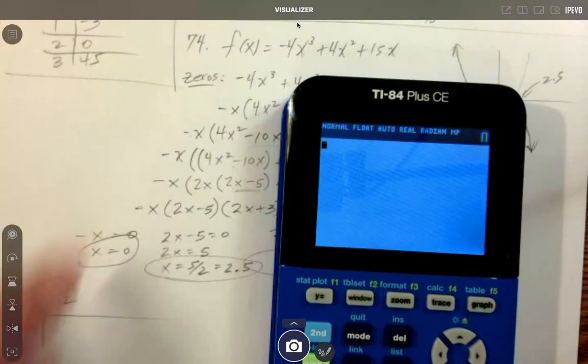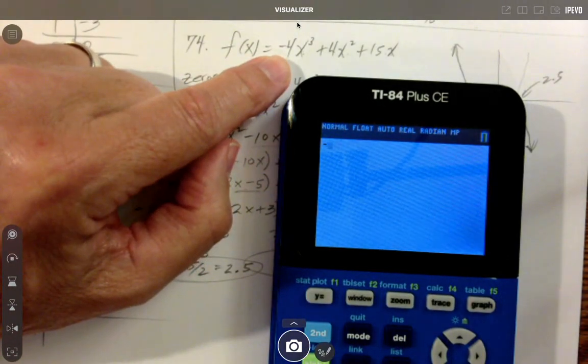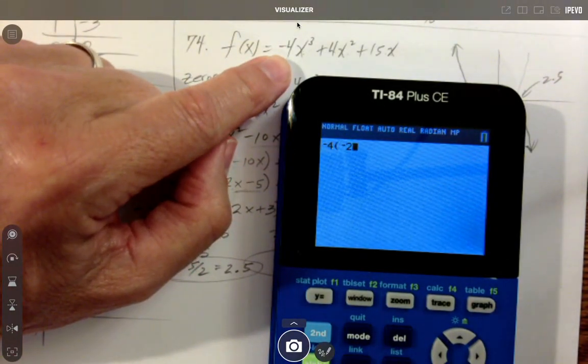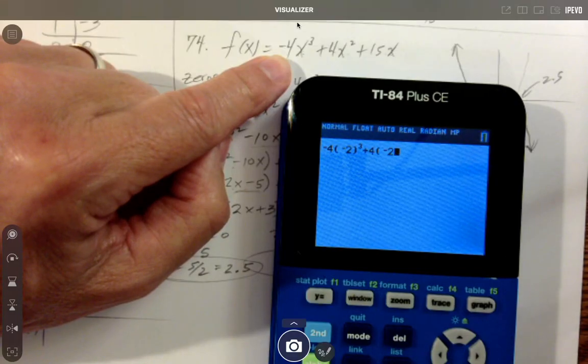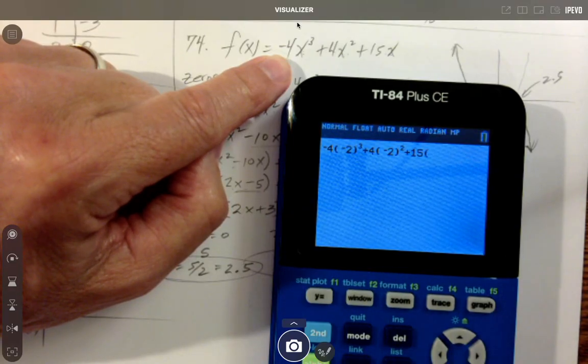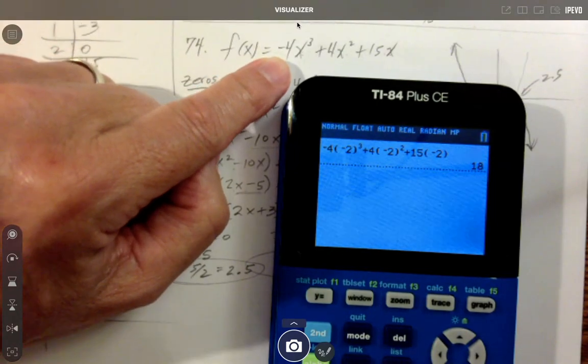So when I plug in negative 2, watch what happens. I get negative 2 raised to the third plus 4 negative 2 squared plus 15 times negative 2. So I get 18, right?